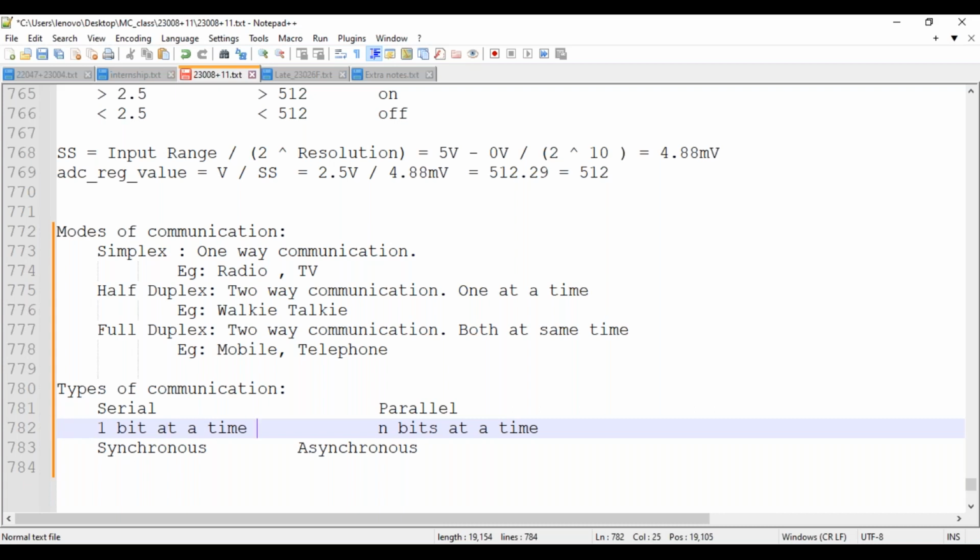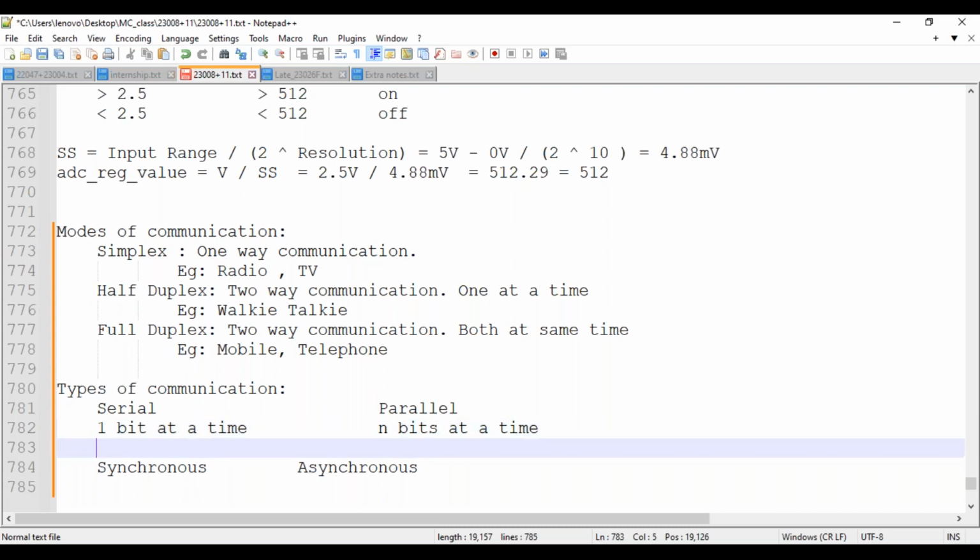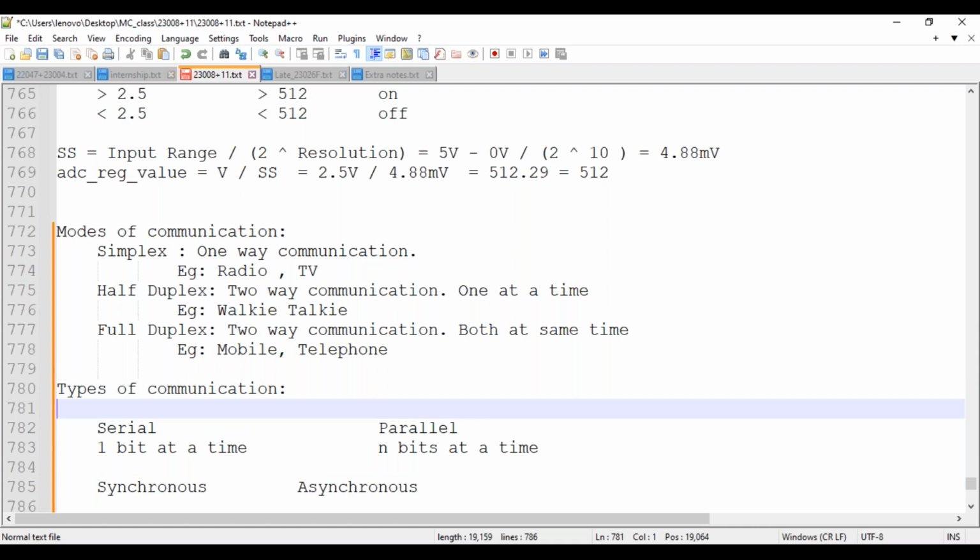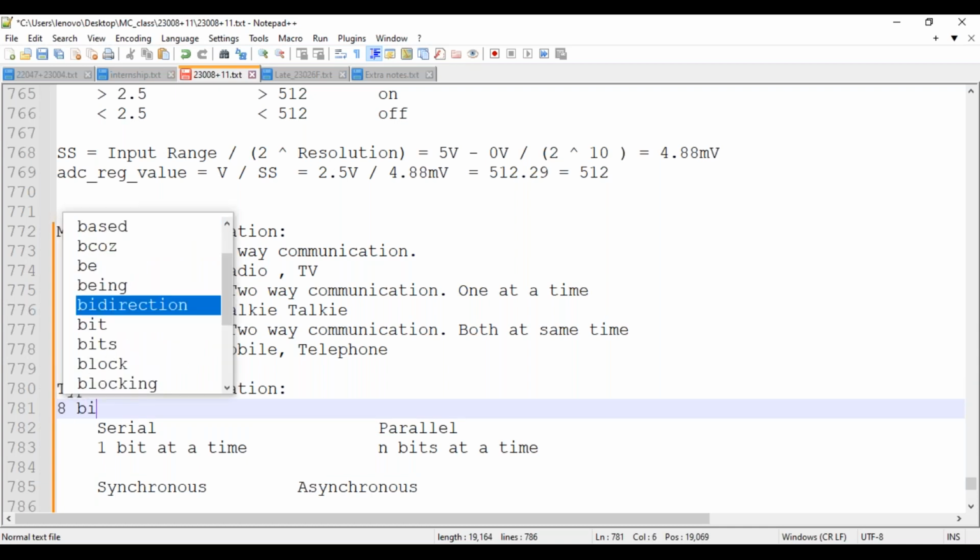Now, which one do you think is faster between the two? Is serial communication faster or parallel communication? Yes, parallel communication is always faster compared to serial communication. Now, assume there is data which needs to be transmitted and the data is of 8 bits.